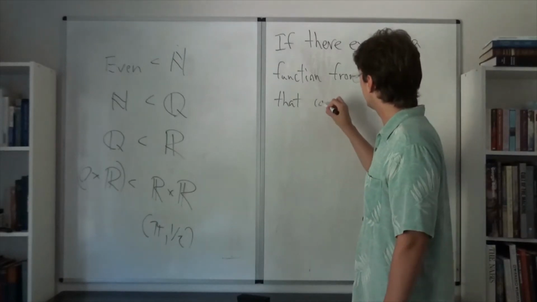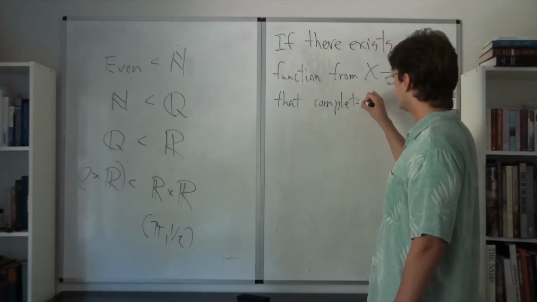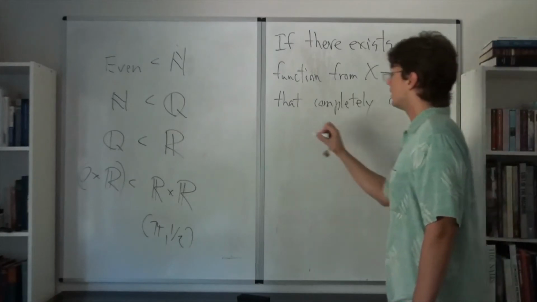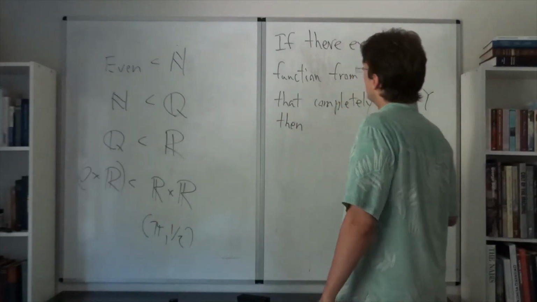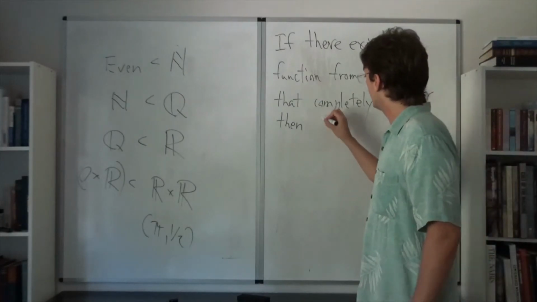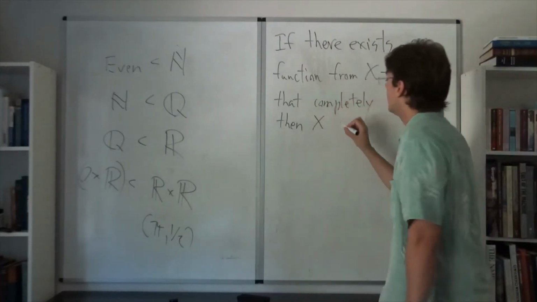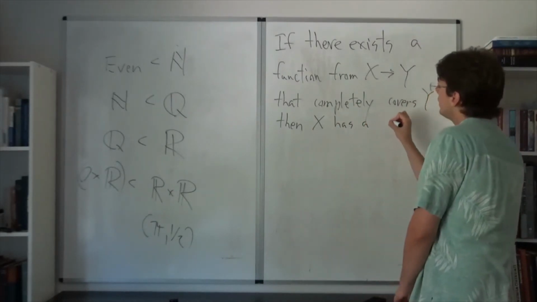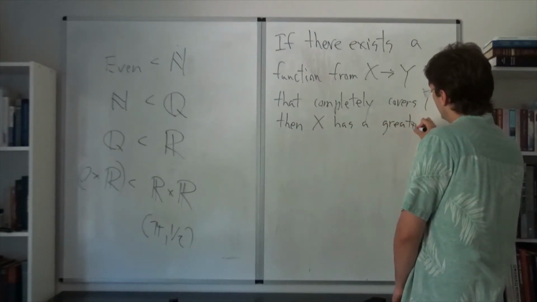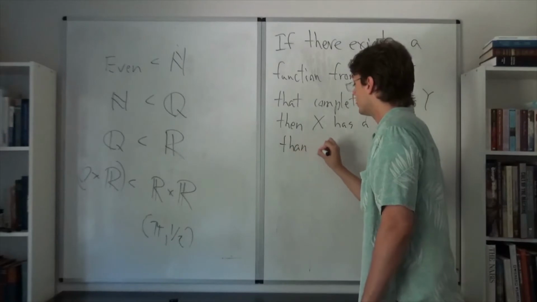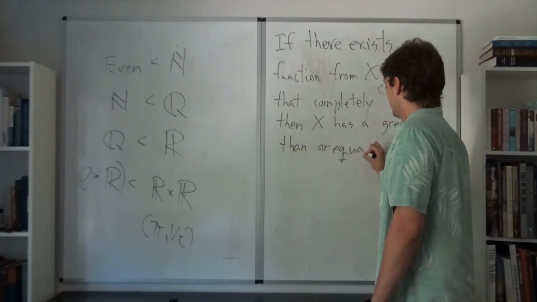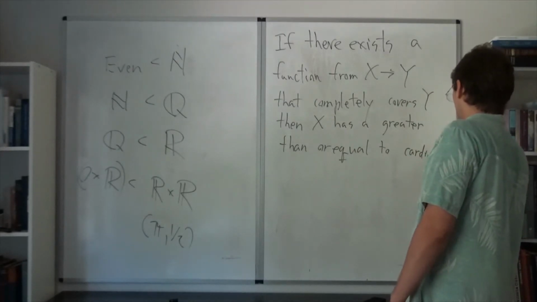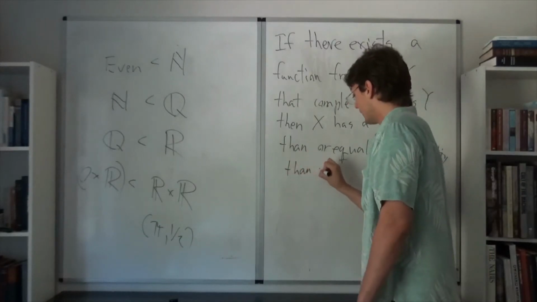I guess I'll use that term. I'm going to try to keep this not too technical. It covers y, then x has a greater than or equal to cardinality than y. Okay? That's a lot to take in there.